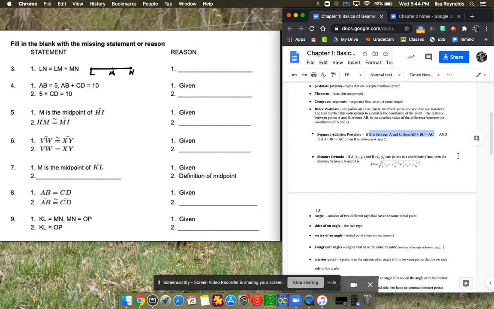So these are the pieces of the segment addition postulate. I have a segment that was divided into pieces, and I added the parts to equal the whole thing. So this is my whole thing, and it's equal to the sum of the parts. So that's what it takes to do the segment addition postulate. If I have a segment in pieces, then I can add the parts to equal the whole thing.